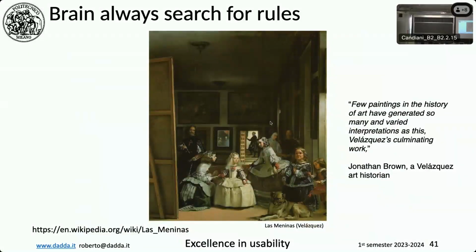I was telling you that the brain is looking for rules. You know this painting? Las Meninas by Velázquez is a beautiful painting. If you go on the internet and look for explanations of this painting, you will find many different explanations, asking who is the most important figure, who is the least important, for instance.